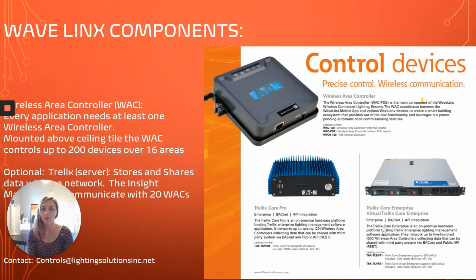Keep in mind, Wavelengths is out of the box code compliant, so all of those settings are right there in the WAC. When you adjust something, you're adjusting the settings there in the WAC, and the WAC tells everybody else what to do. Below, you will see the Trellix options, and that is to network. Wavelengths is completely scalable. You can get as crazy as you want with it, and you would need some of those Trellixes to do so.